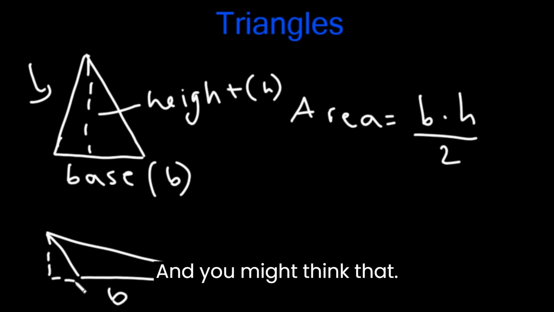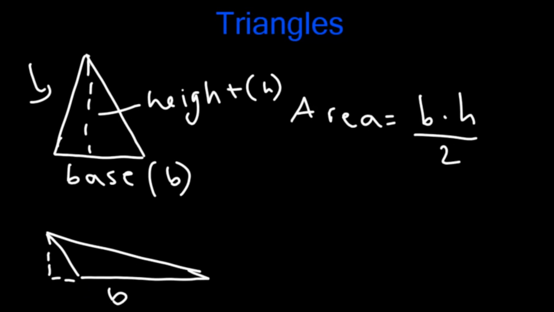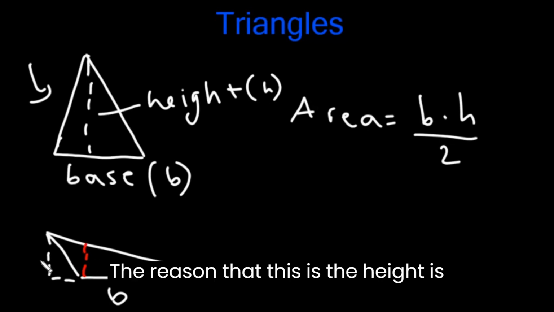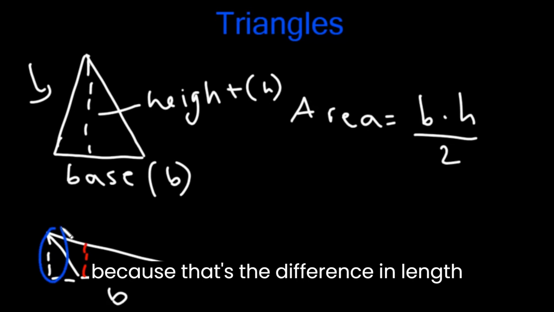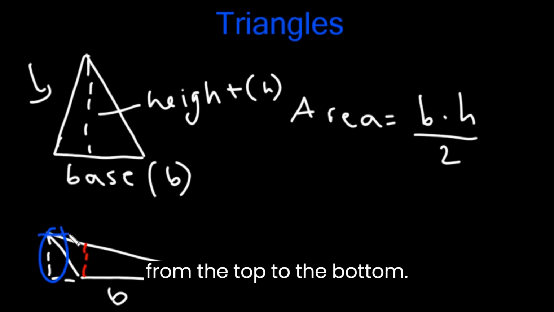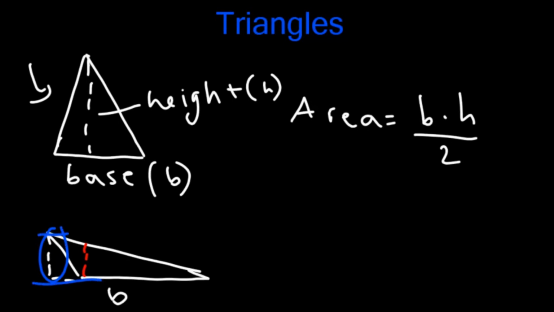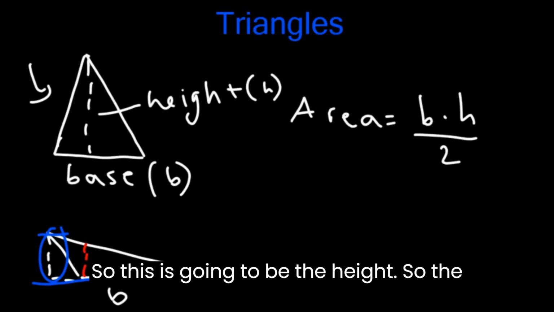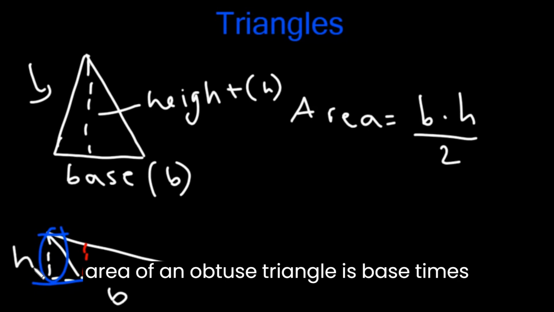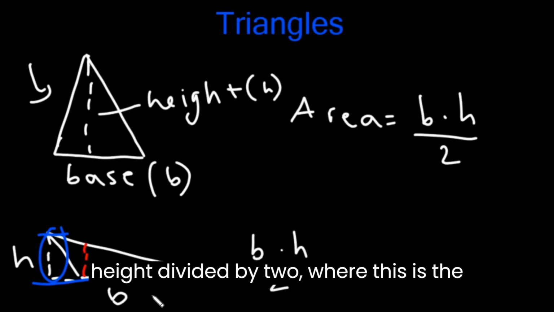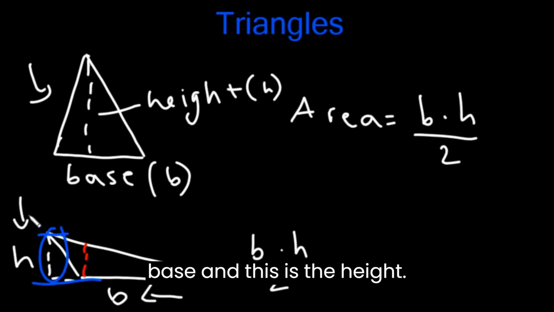And you might think that this is the height, but the reason that this is the height is because that's the difference in length from the top to the bottom. So this is going to be the height. So the area of an obtuse triangle is base times height divided by 2, where this is the base and this is the height.